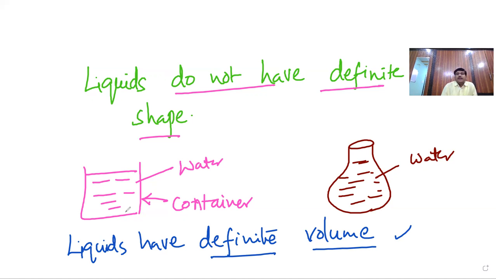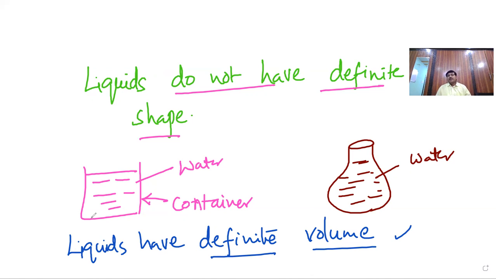If you put it in the container, whatever the length, width, height, and depth of the water, that volume it occupies. If you put it in the vessel, that volume is occupied in the vessel. So it has a definite volume. But shape, whichever container or vessel, in whichever shape you pour, the liquid occupies and appears in that shape.